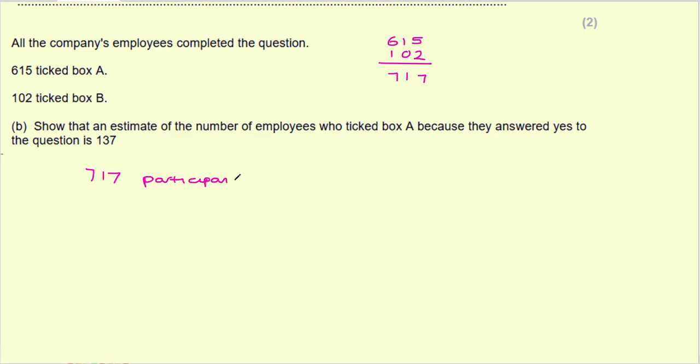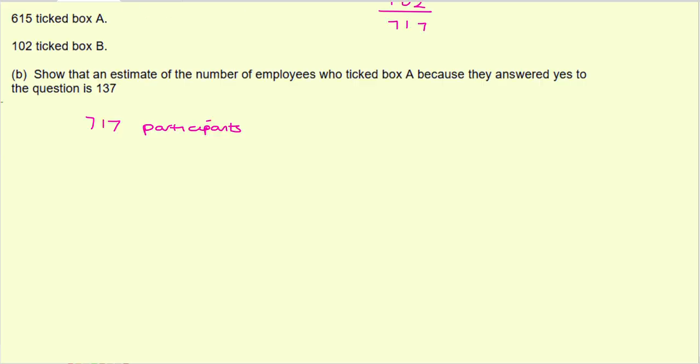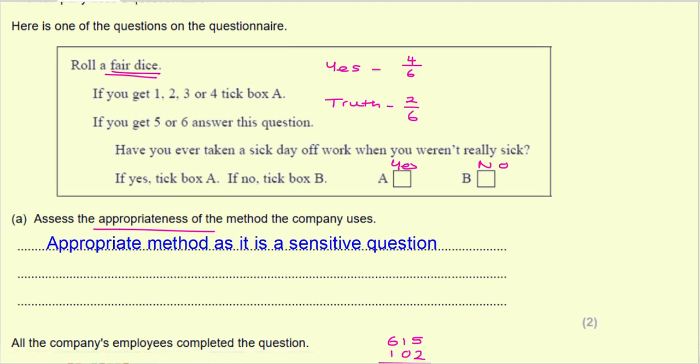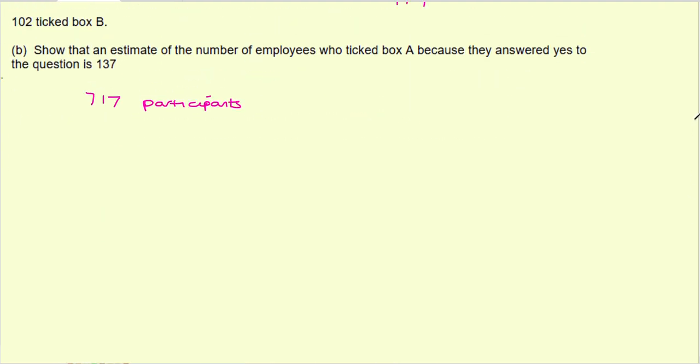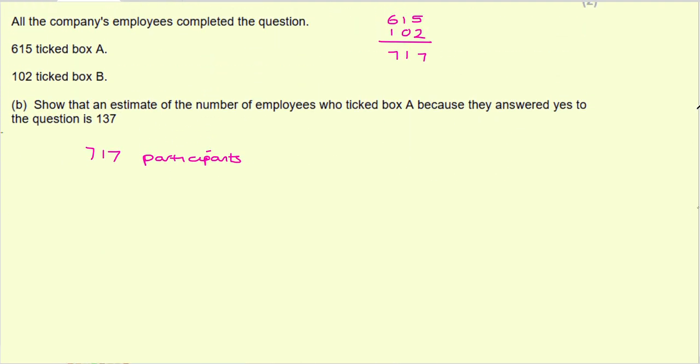Now, from those calculations I put in at the beginning, I'm just going to scroll up, we can see 4/6 had to say yes. 4/6 had to tick box A to say yes, on average, because they rolled a 1, 2, 3 or 4 on the dice.